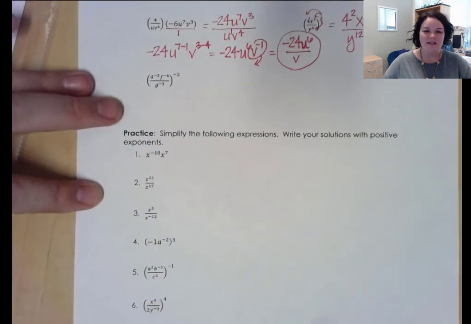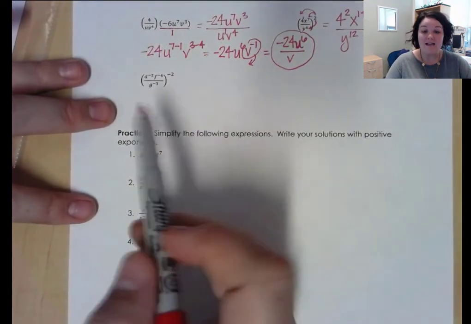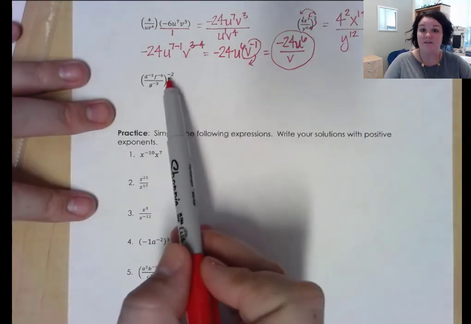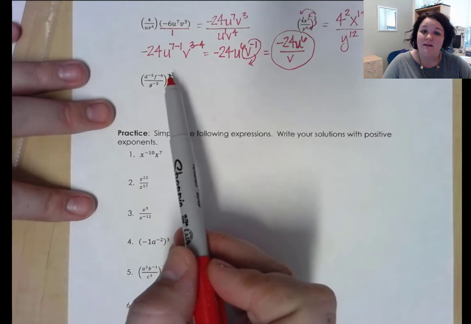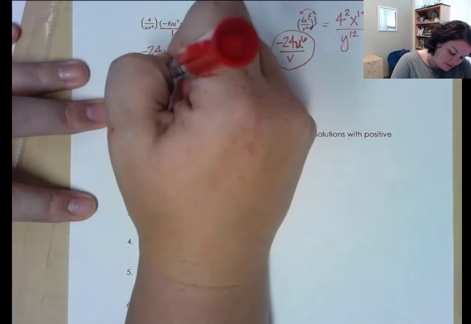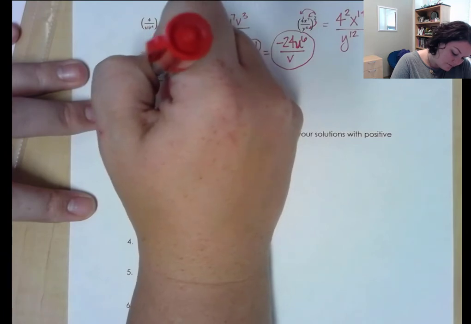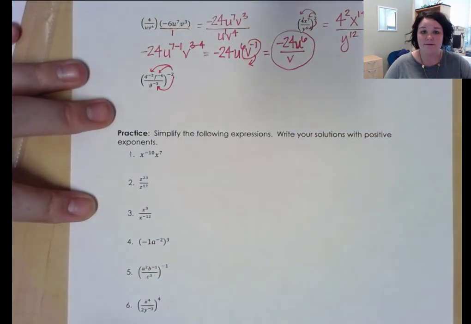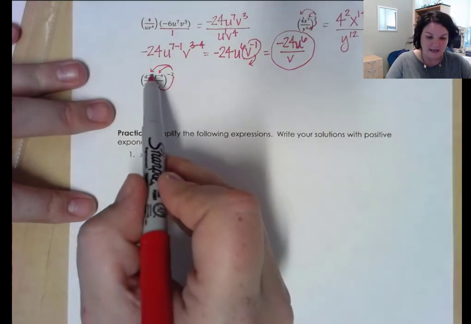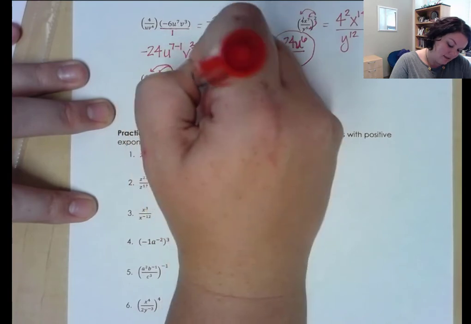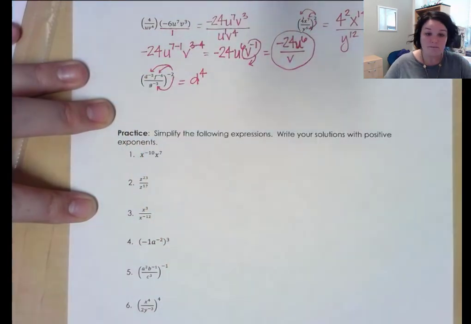All right, so on this next one, I see a lot of negative exponents, but I'm not going to worry about that just yet because I have another negative exponent outside that I'm going to be applying to everything in these parentheses. So I'm going to be distributing this -2 to all these exponents in this problem, right? So d to the -2, when I do -2 times -2, that's going to give me d to the +4.